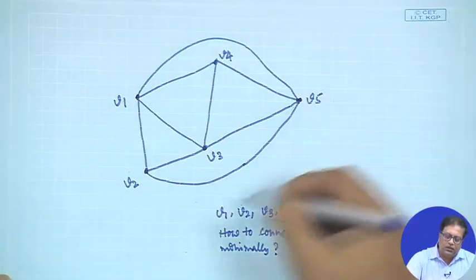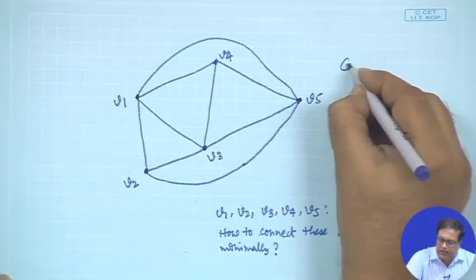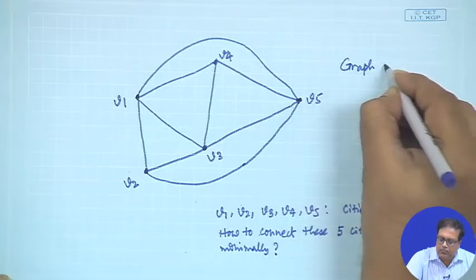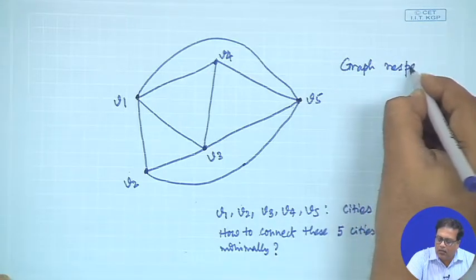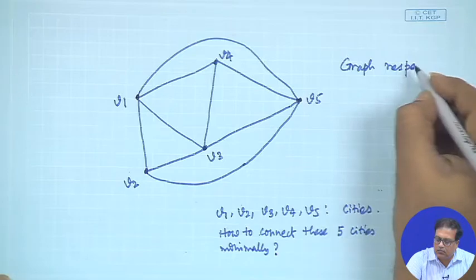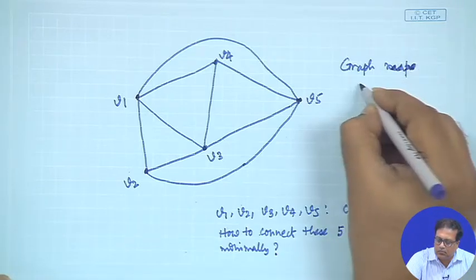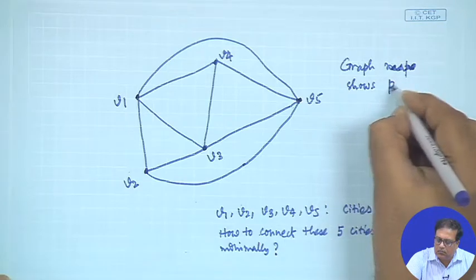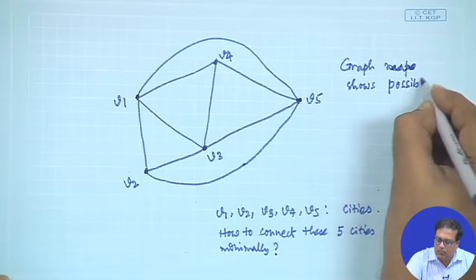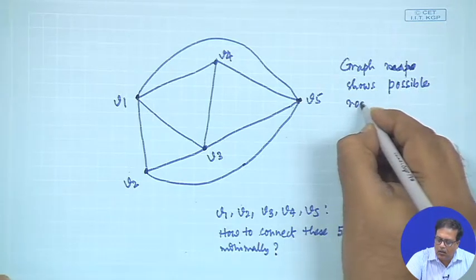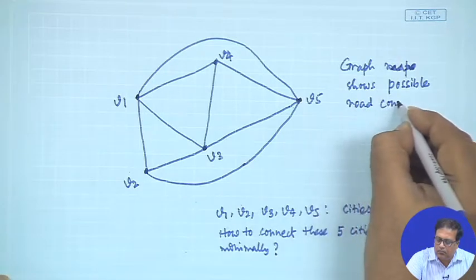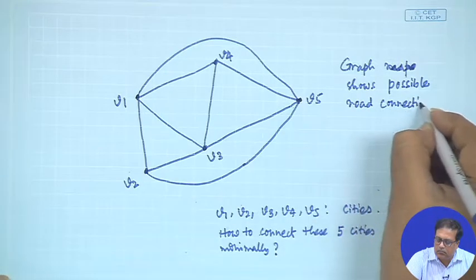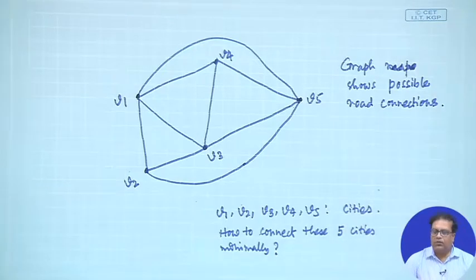You see, this graph represents possible road connections.